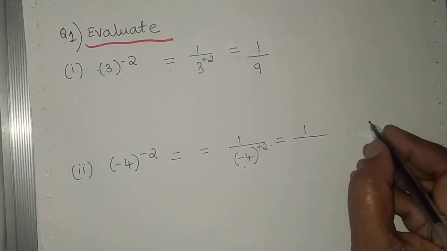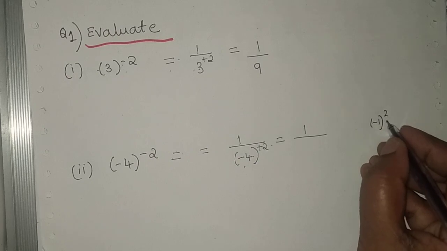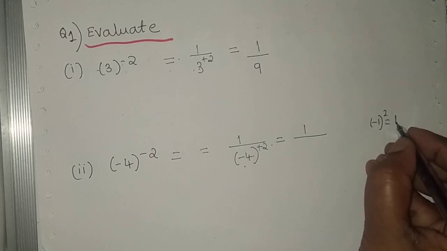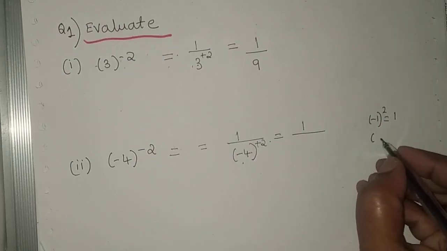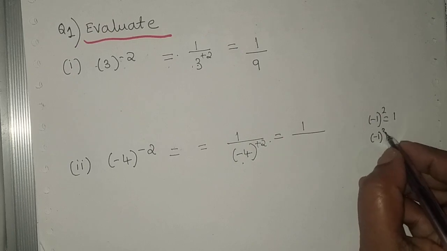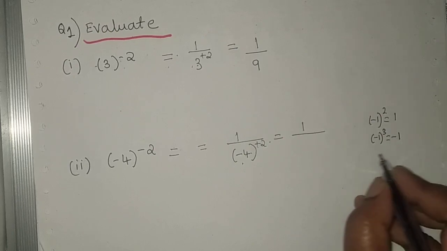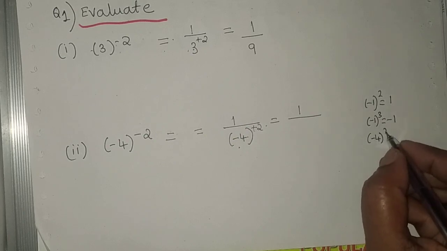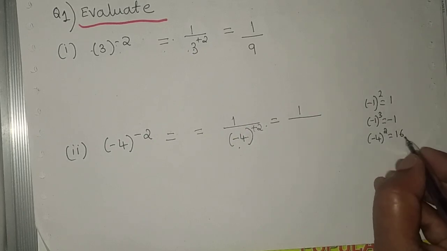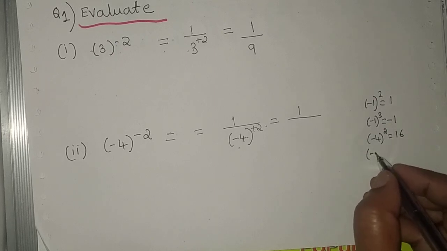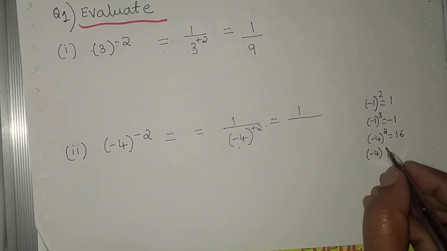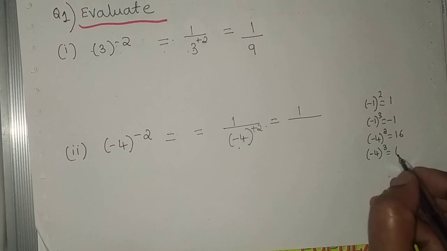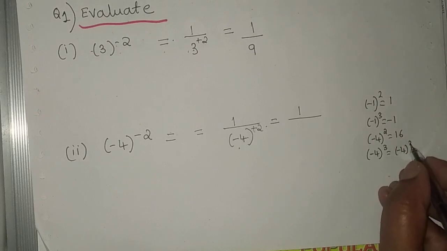Minus 1 squared will become 1. Only minus 1 to the power of cube will always become minus 1. Similarly, minus 4 to the power of square will be 16. If we take minus 4 cube, it will be minus 4 cube only.